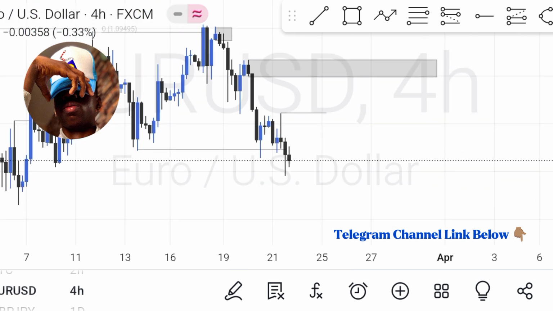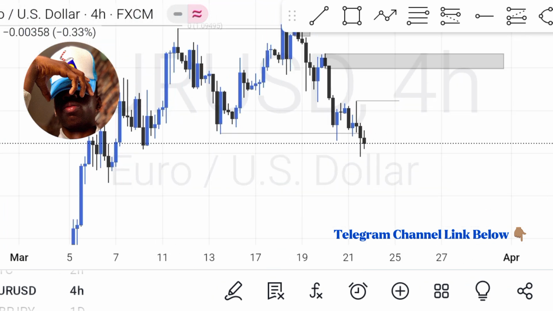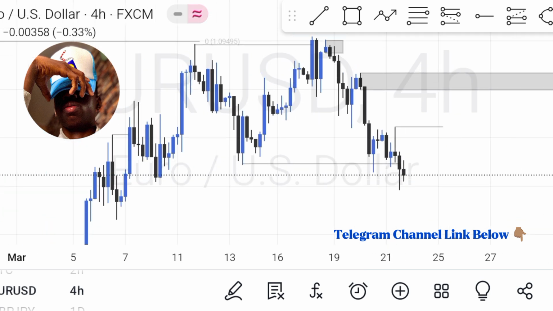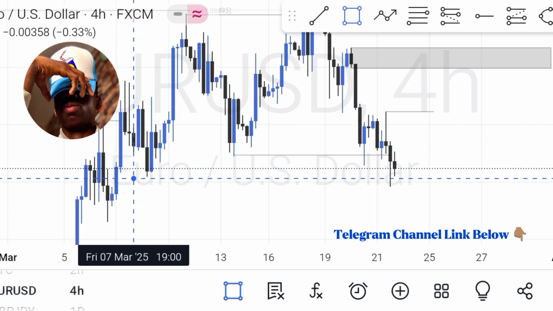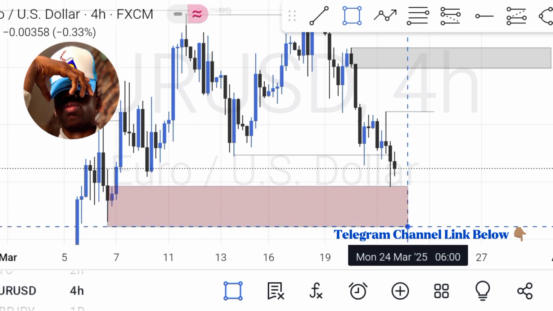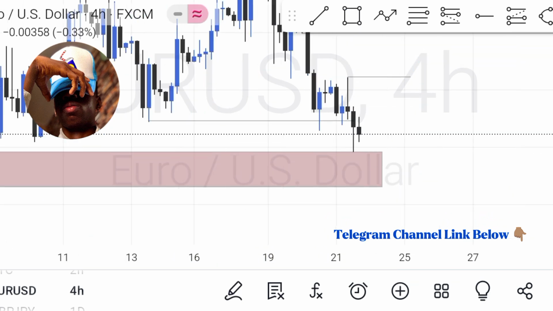Okay, so if I'm going to be following the trend, we need to understand where our next rebound could be. Okay, so we're already having a rebound. Notice how price already tapped in here.